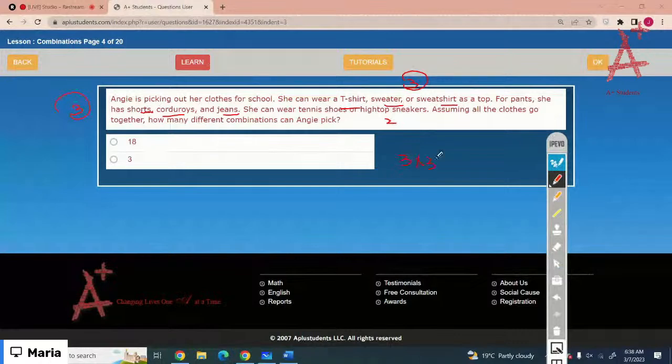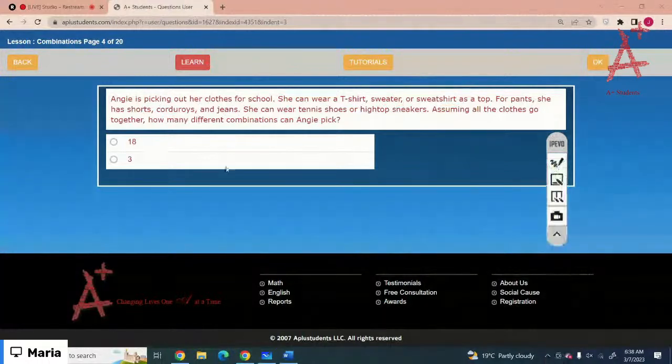You need to do 3 times 3 times 2. 3 times 3 is 9 and 9 times 2 is 18. So the correct option is 18.